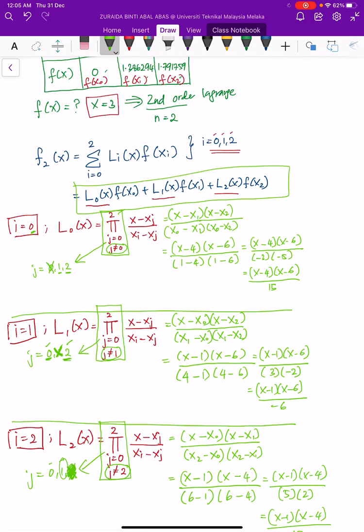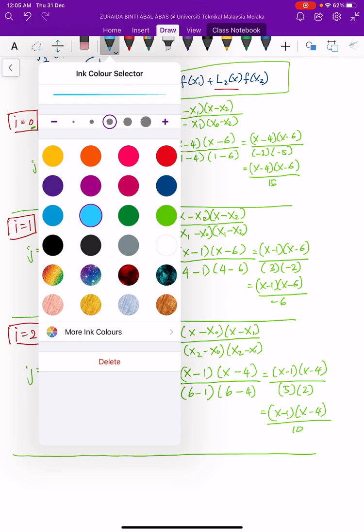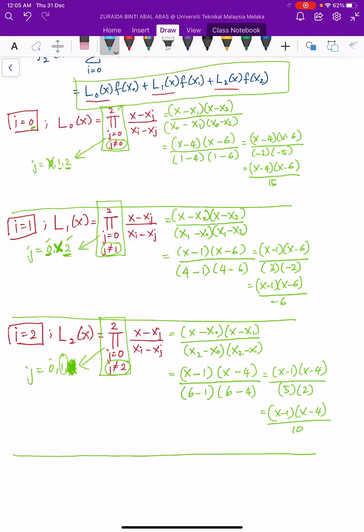When we want to plug into this formula, I'm going to use another color here. Remember that we're trying to find, sorry, not L2x, we are trying to find F2x, the second order Lagrange.